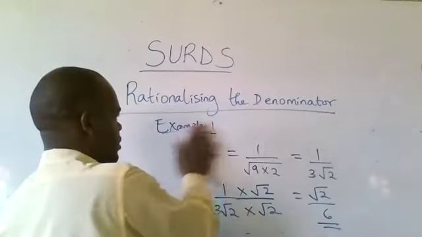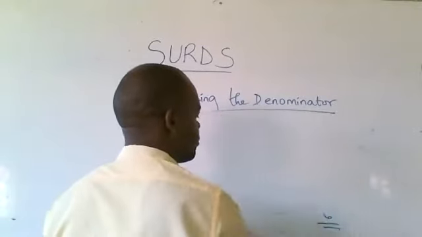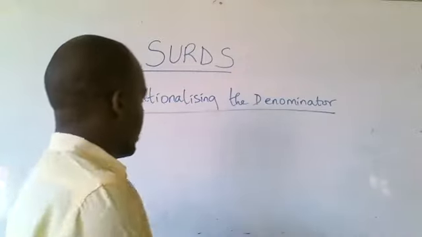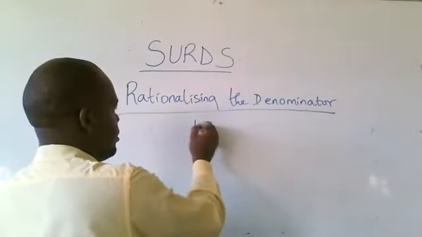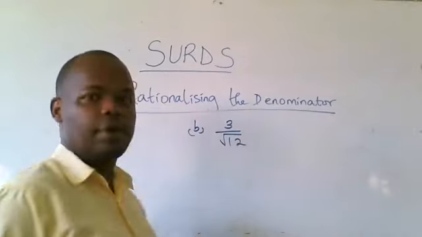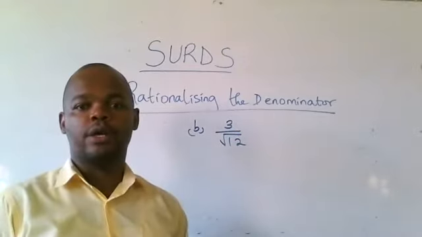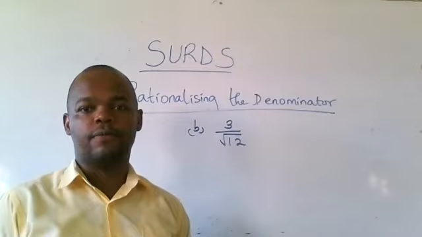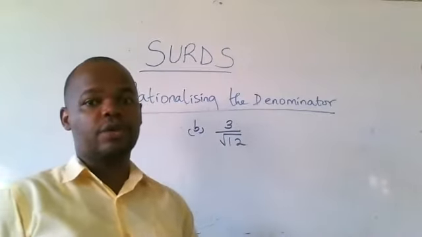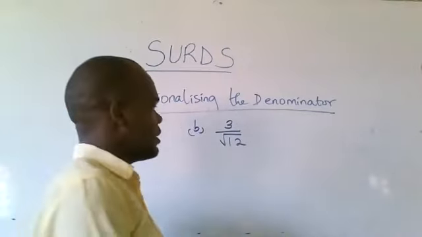We move to part B. Maybe I'm given something like 3 over square root of 12. Again, if you look at the square root of 12, it's not simplified. So the good thing is to simplify first.